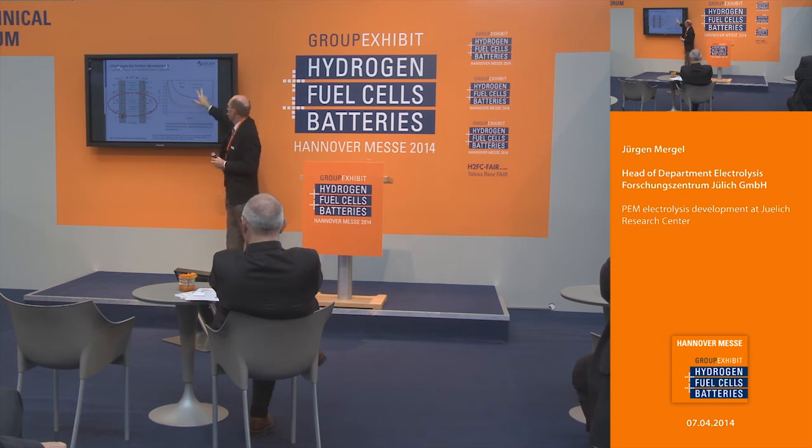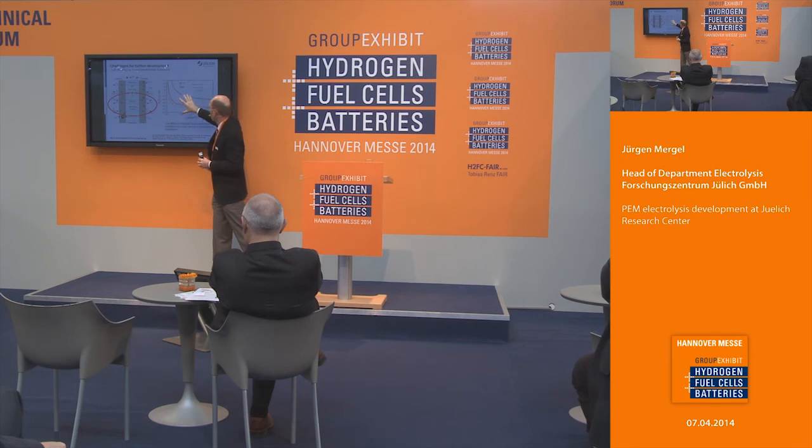With a thick membrane, F1 117, we are below 1% hydrogen in oxygen. With an F1 112, without recombination catalysts on the anode side, you will have concentrations of about 1% in the high current range.